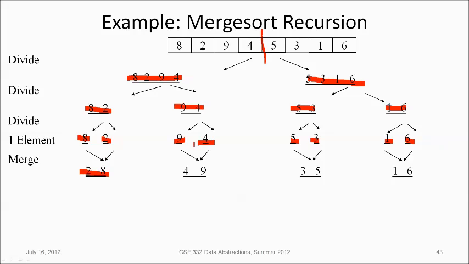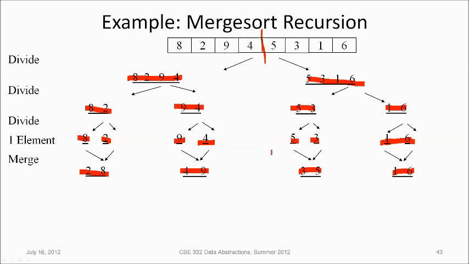Next, 9 and 4. 9 is greater than 4, so swap. Next, 5 and 3, merge and then sort. 3 is less than 5, so they change places. Next, 1 and 6. Is 1 less than 6? Yes, just merge. That's why we arrive at 1 and 6.